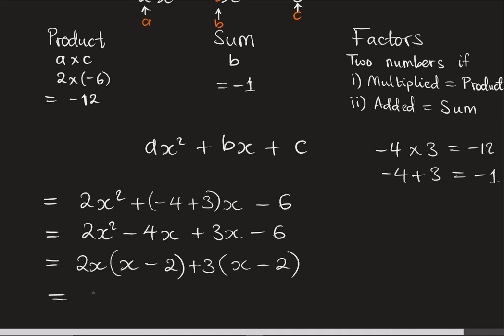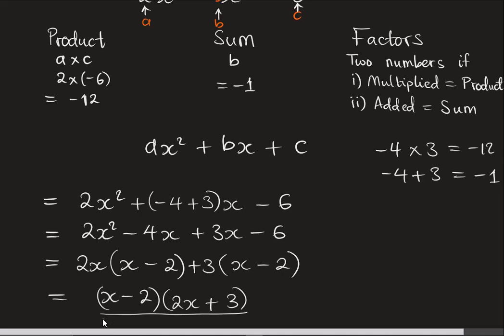After that, your job is just writing what's in the brackets. We have x minus 2. Then what's left, if you cover the brackets, we are left with 2x plus 3.